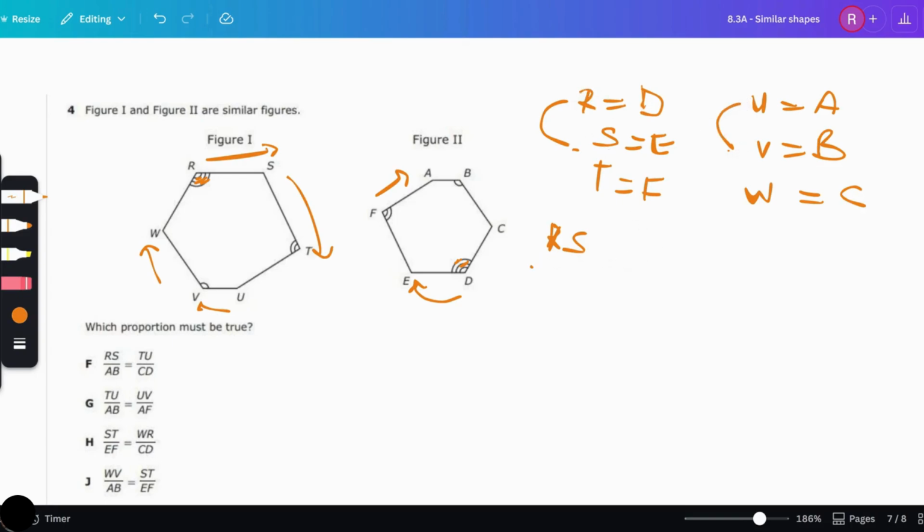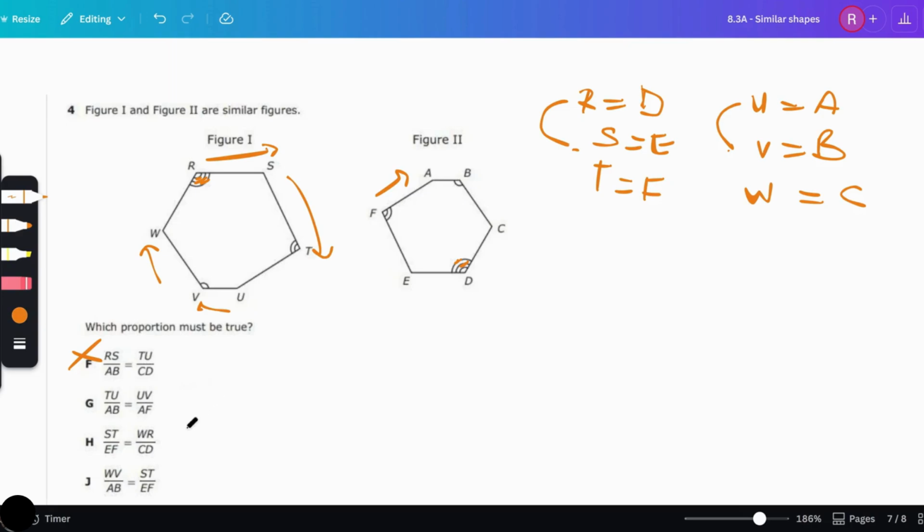Is it that we say RS over DE equals UV over AB, or we say RS over UV equals DE over AB? RS corresponds to UV from the angles we've listed out. So this one now says RS equals TU. This is TU, so this is wrong.